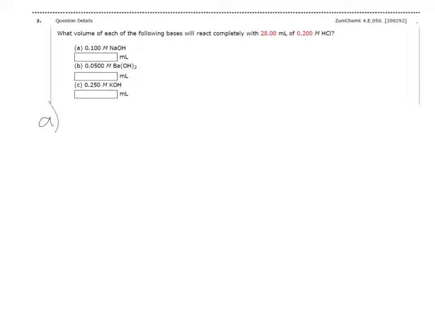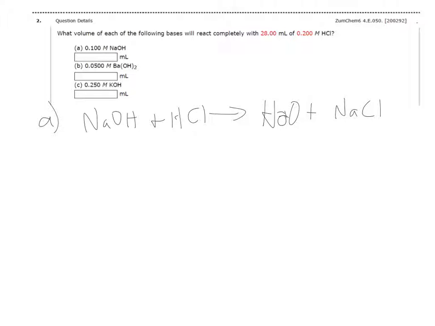We have sodium hydroxide reacting with hydrochloric acid, and let's start with a nice balanced equation. As with any titration problem, we'll make water and a salt. In this case, the ions left over are sodium and chloride ion.